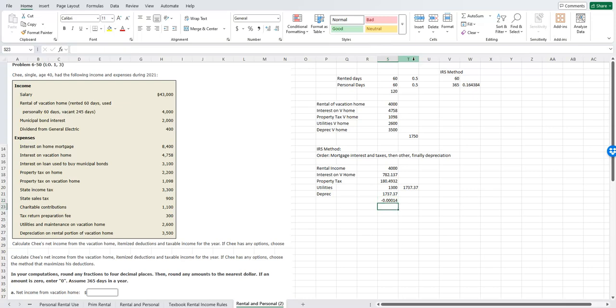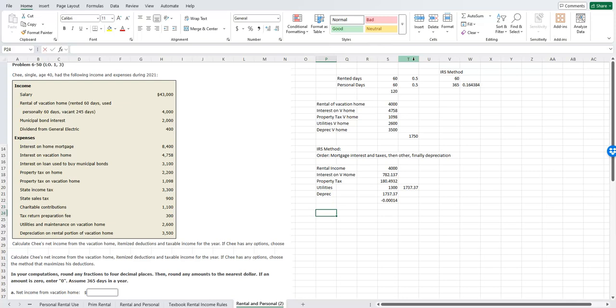All right, so that is using my order rules to get me down to net income. So once I know what I've deducted for my vacation home, then I can start working on, okay, what can I take on my personal income tax form for my itemized deductions.